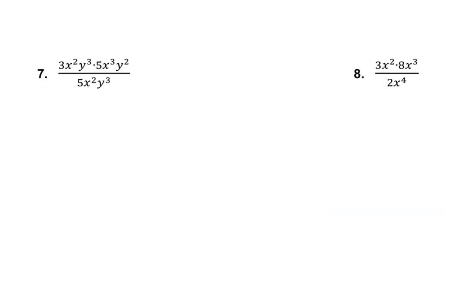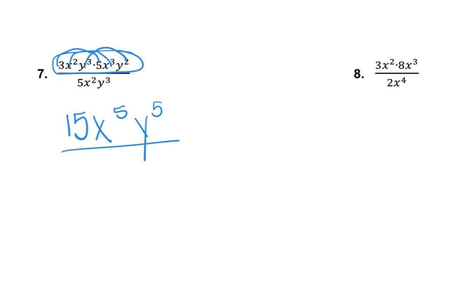All right, question number 7. So the first thing we need to do here, there's a lot going on, but let's just take the top and do what we can there. So we're going to multiply these together. I would take my 3 times my 5, and we get 15. X squared times x to the 3rd is x to the 5th, and y to the 3rd times y squared is y to the 5th. And now let's just rewrite.